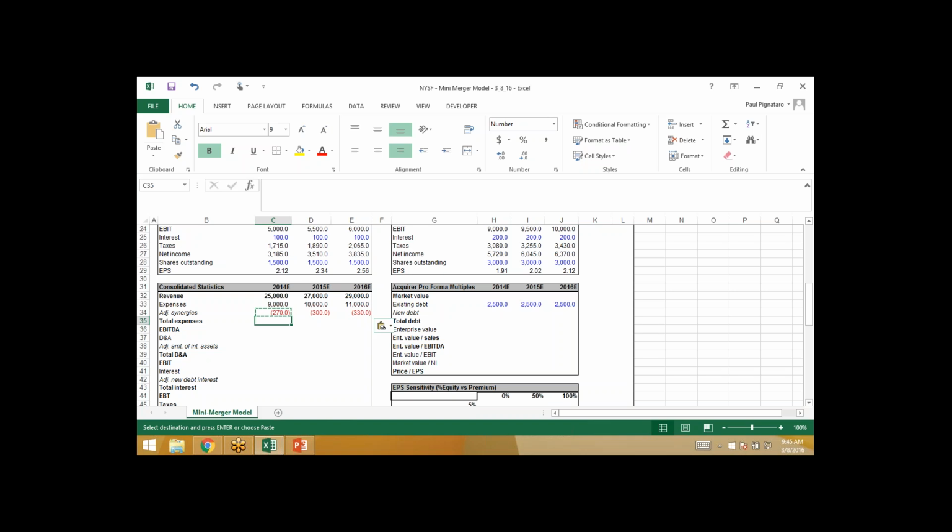Aren't there some revenue synergies too? You could have revenue synergies, but this didn't explain that. I mean, this didn't offer that up as an example.